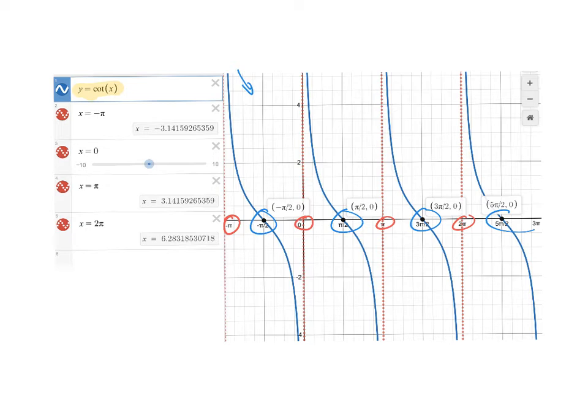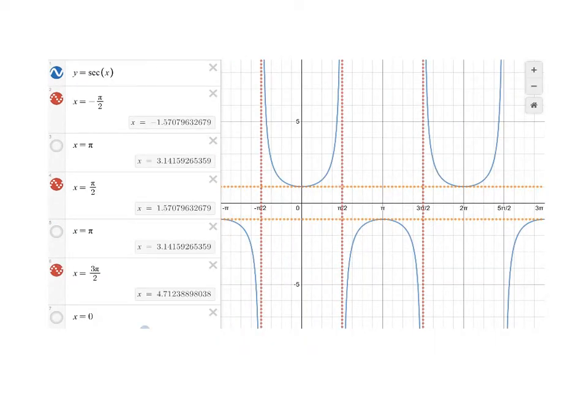Okay, let's take a look at the secant and cosecant functions before we actually start to draw our own graphs. So this is the parent function, y equals secant of x. It has some interesting features, but one of the things I want you to know is that this function is actually related to its reciprocal function, the cosine function, and I'll show you how.